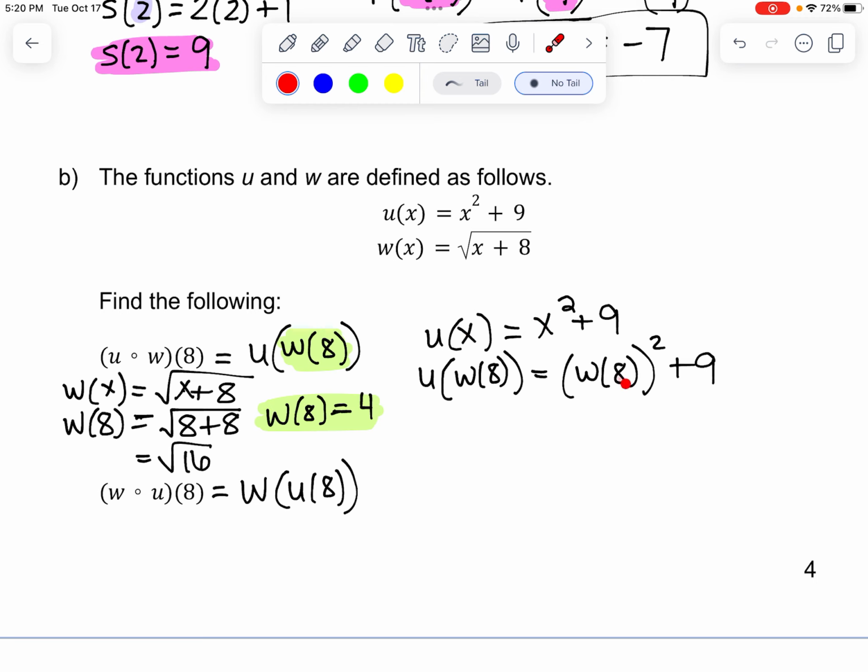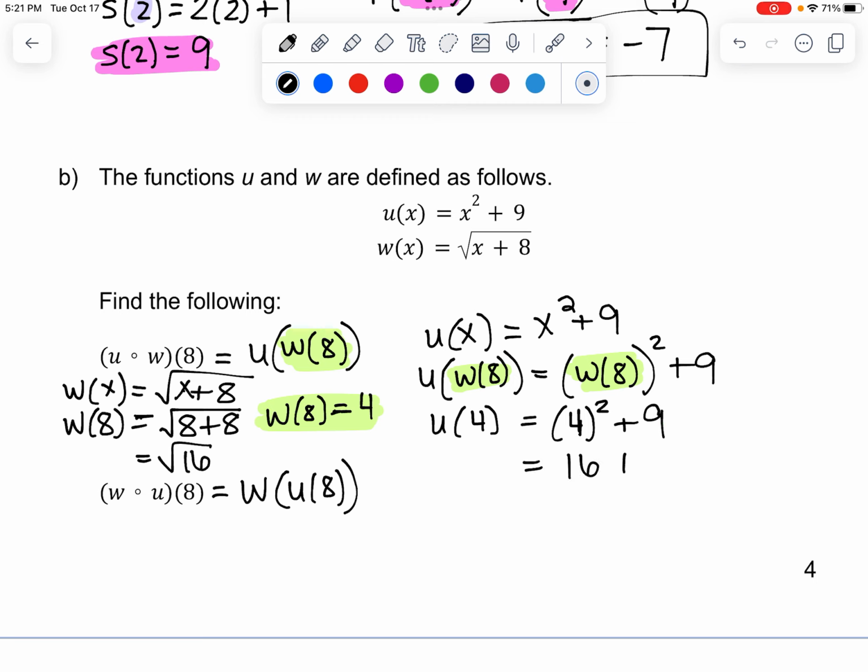So you have w of 8 to the second power plus 9. Now, w of 8, we actually have a value for. It's u of 4. So I'm going to have 4 to the second power plus 9. 4 squared is 16. We're going to have 16 plus 9, which is 25. So u of w of 8 is equal to 25.